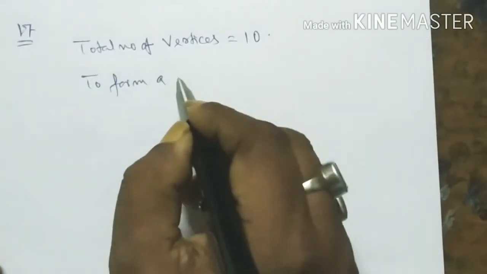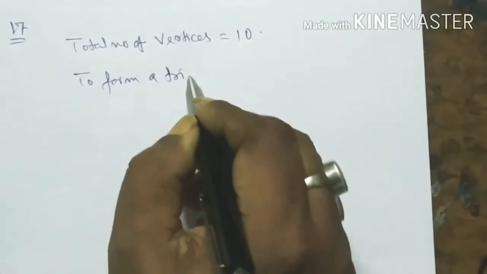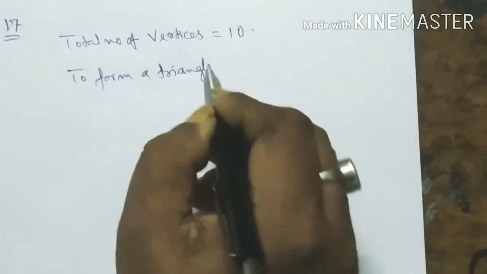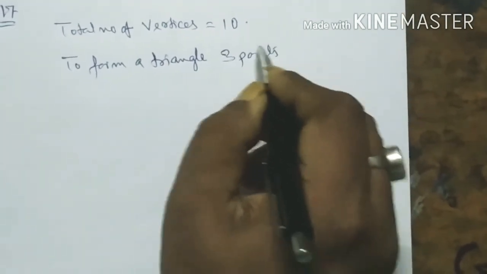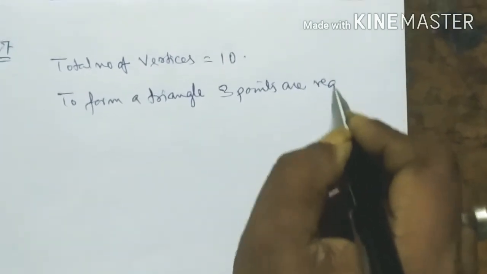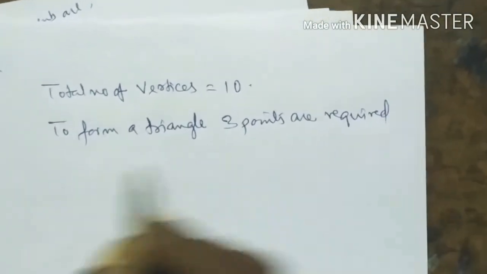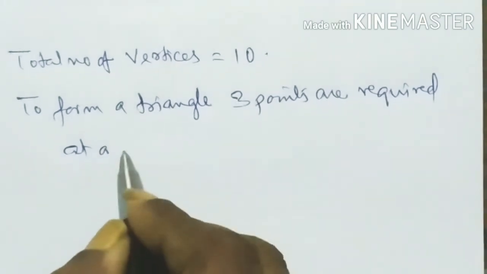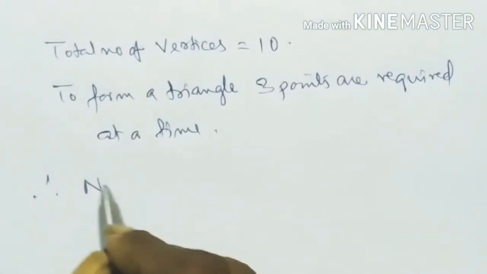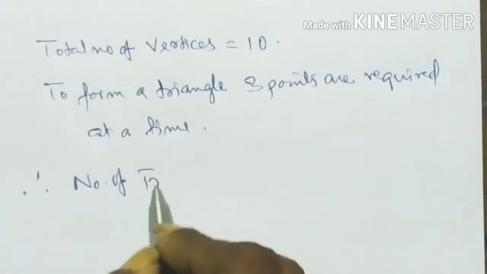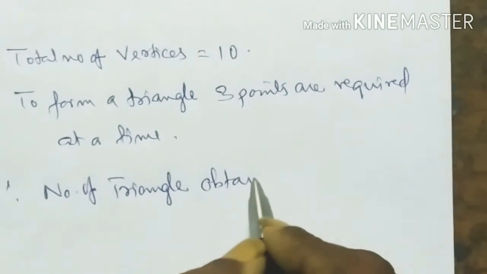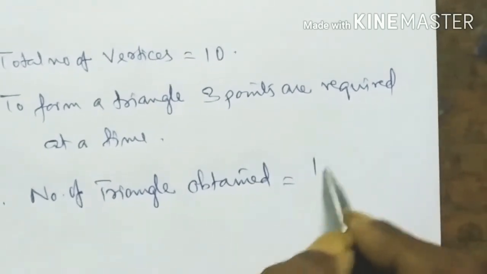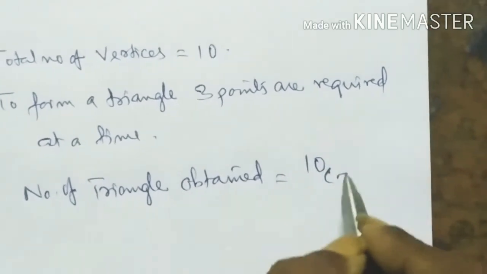To form a triangle, 3 points are required at a time. Therefore, the number of triangles obtained is equal to 10C3.